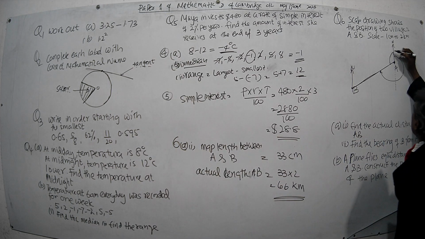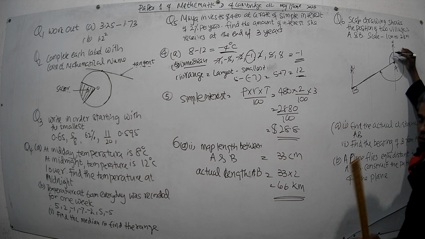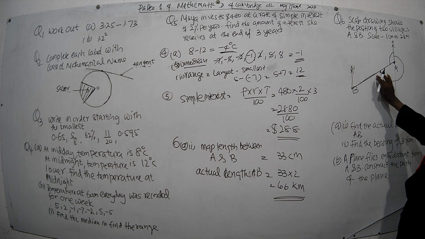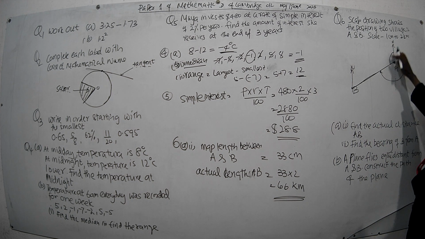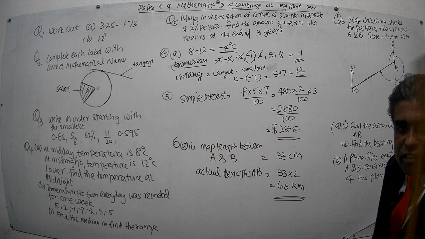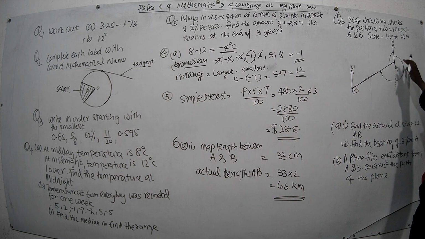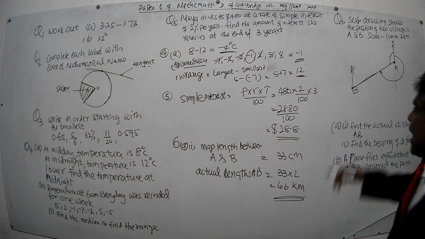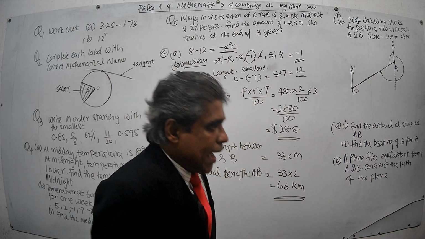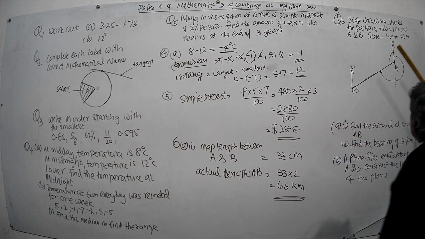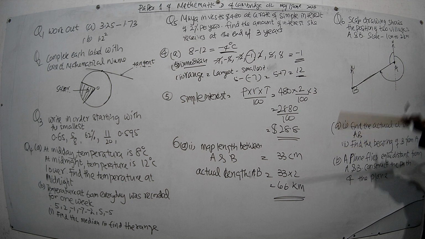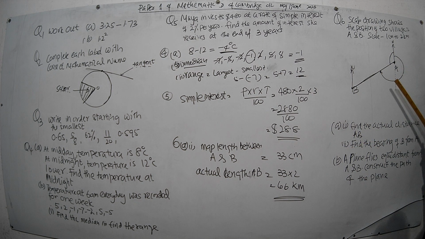Then you deduct that from 360, and you get the angle we want for the bearing. Instead of measuring in two attempts, to save your time, measure this angle in one attempt and deduct it from 360. In that way you can do it.